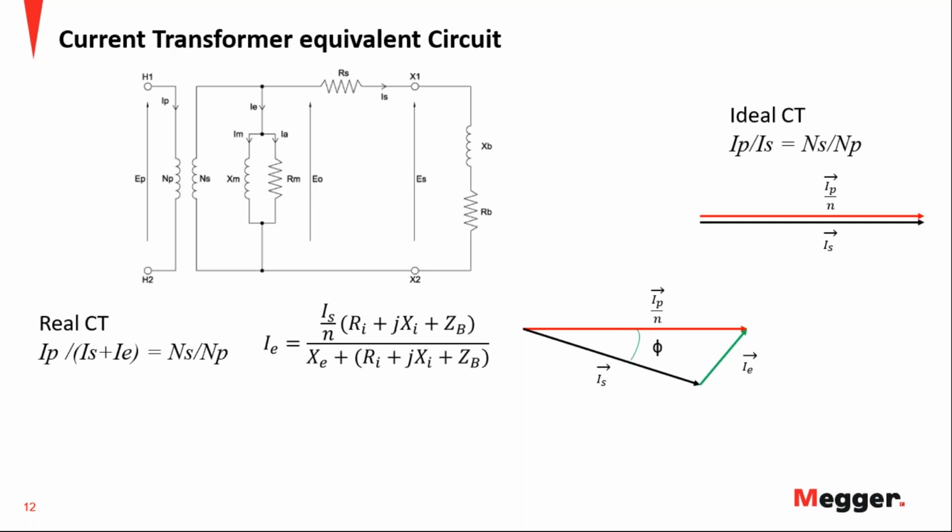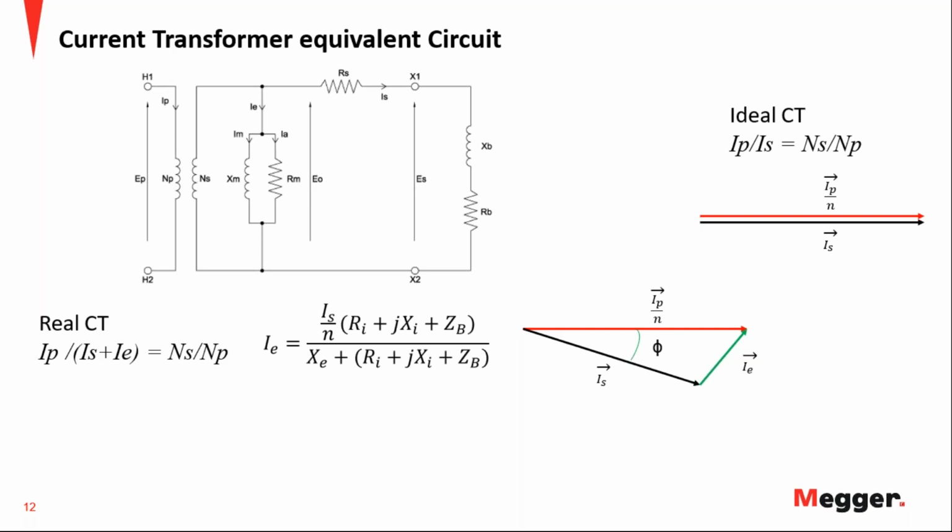And what those losses cause is that your magnitude on the secondary side is going to be deviated from the proportional current on the primary side in the magnitude, and then you're also going to have a phase deviation.